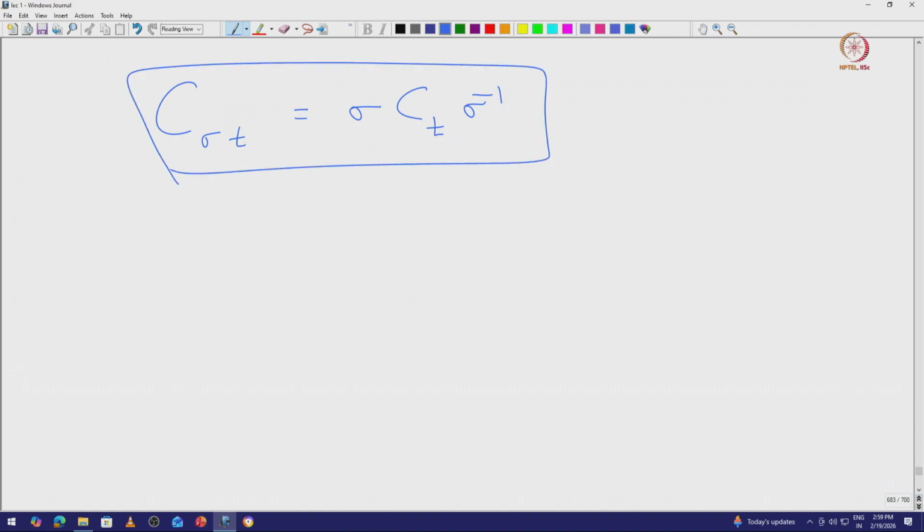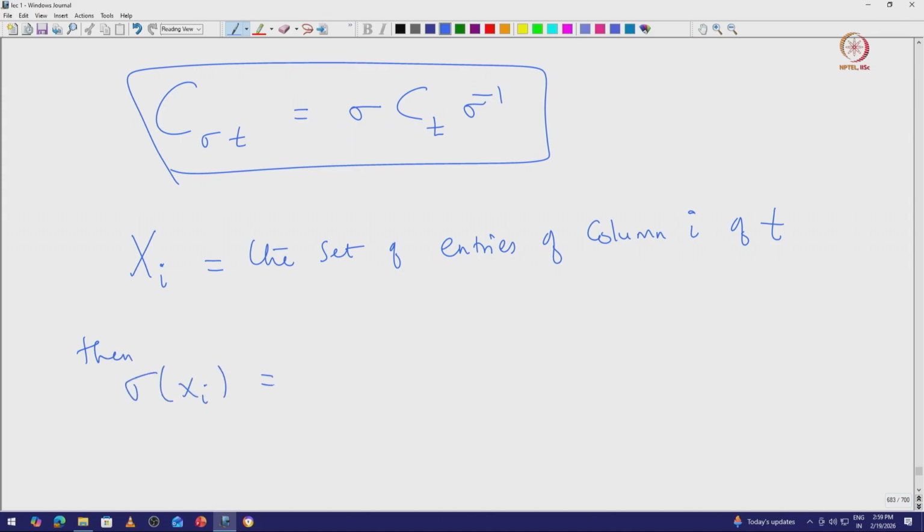So, let us check this. Indeed, suppose X_i is the set of entries of column i of t. Then it is easy to see that sigma of X_i is the set of entries of column i of sigma t. That is obvious from the definition of sigma t.